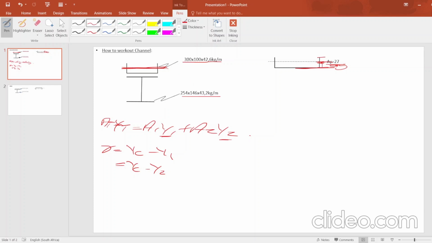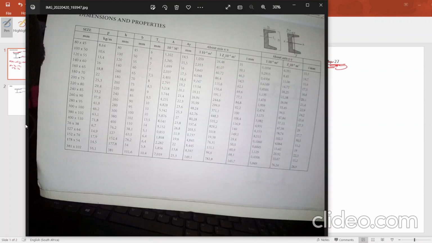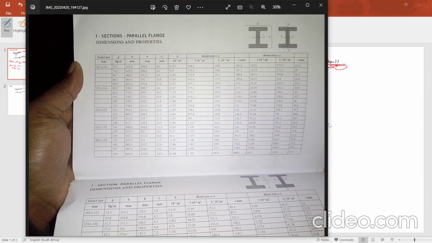But in calculating the Y1, we will look for the value of your height, because we need the height of that beam to work with. Then you go to your hot roll, then you look for that.